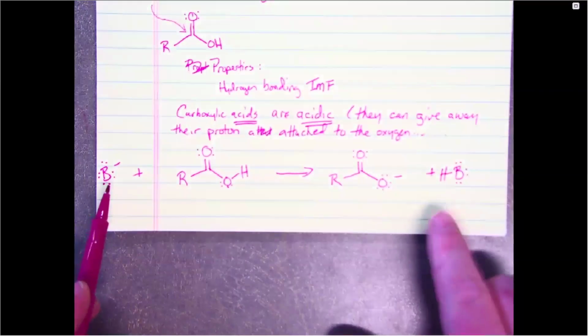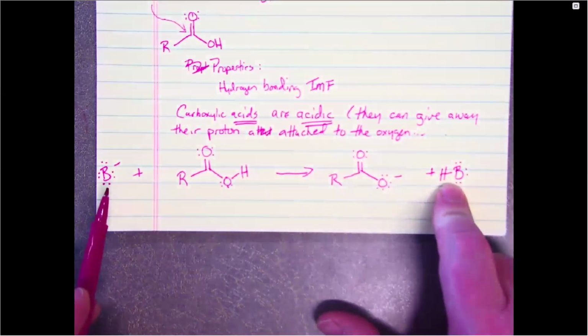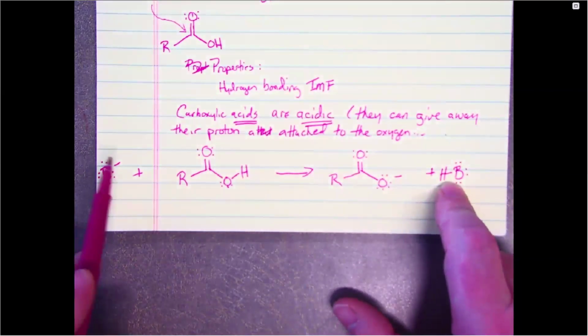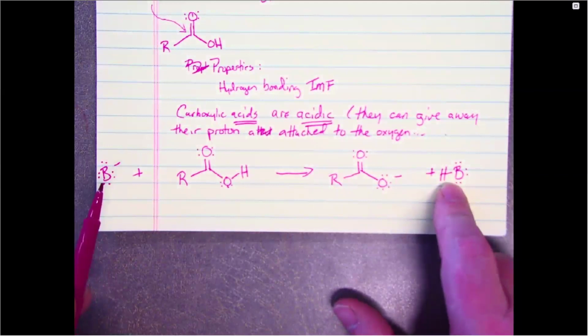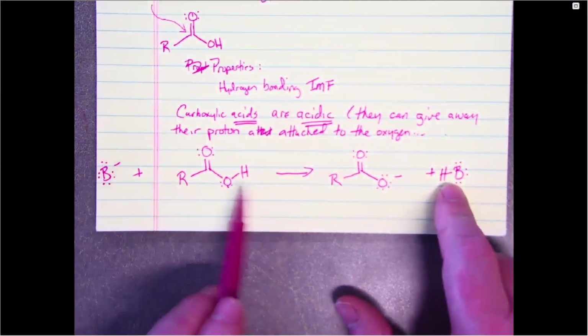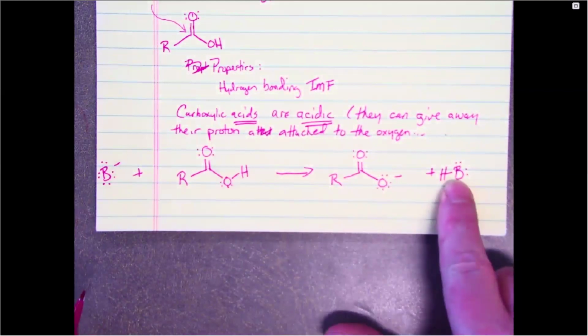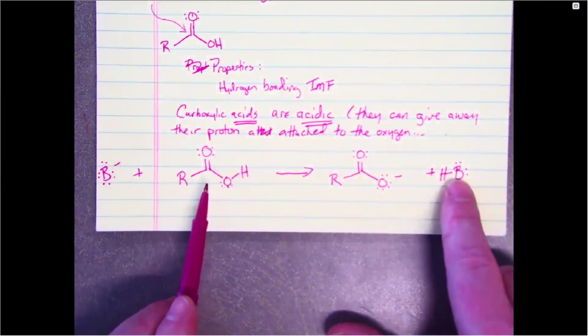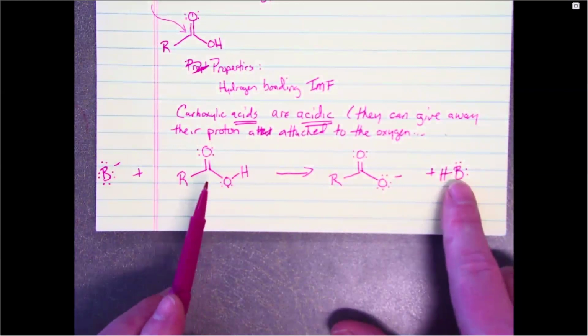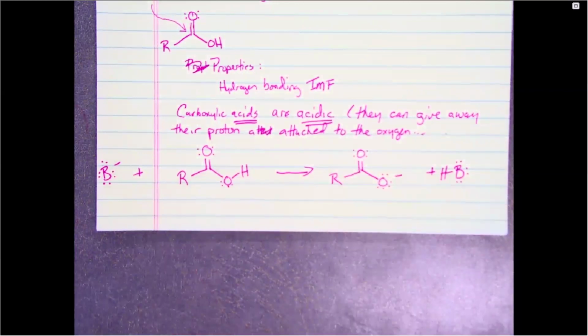So notice how the charges change over the course of the reaction, all right? Our base goes up by 1 unit of charge because it steals an H+. A plus and a minus together make a neutral. The carboxylic acid was neutral before it lost an H+, so at the end, it is a -1.